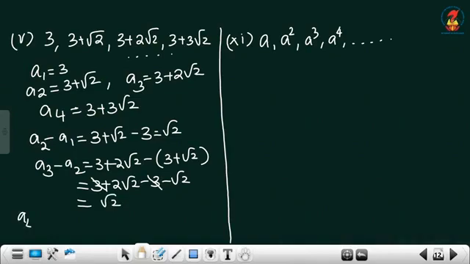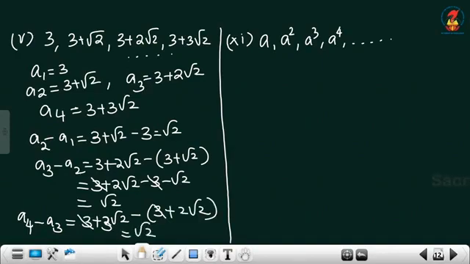And A4 minus A3 is equal to 3 plus 3 root 2 minus 3 plus 2 root 2. So we can cancel these two, 3 root 2 minus 2 root 2, again root 2.